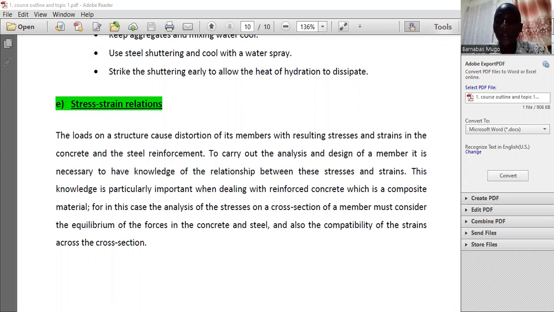Concrete. I'm going to stop sharing this so that I can share another one. Just a minute.